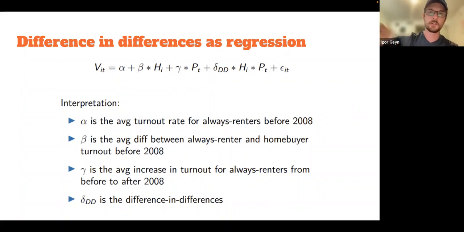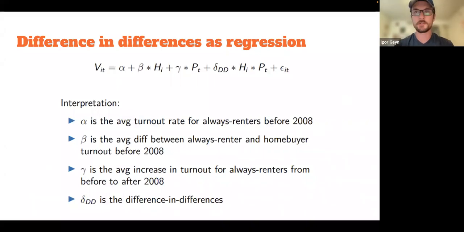That is to say, are you in the group that received treatment, or the group that does not receive treatment? The coefficient on that variable is the average difference between always renters and home buyers, the average difference between the control group and the treated group in the pre-treatment period.